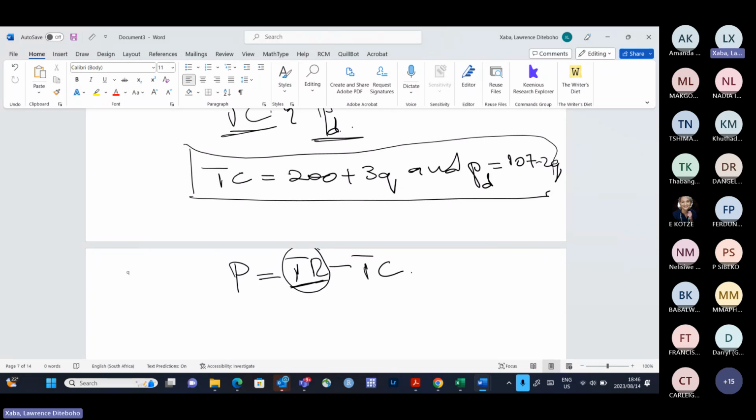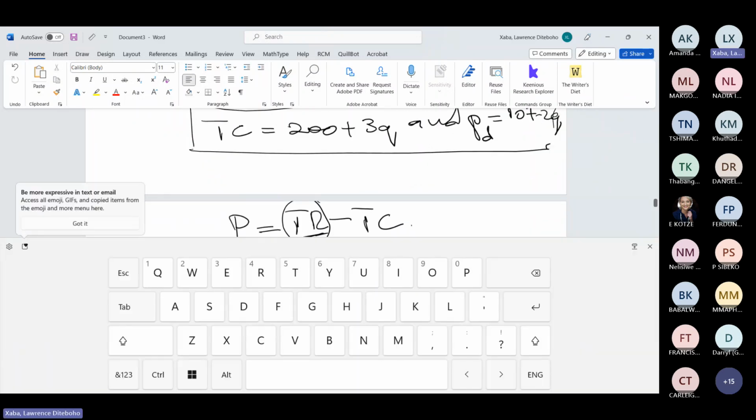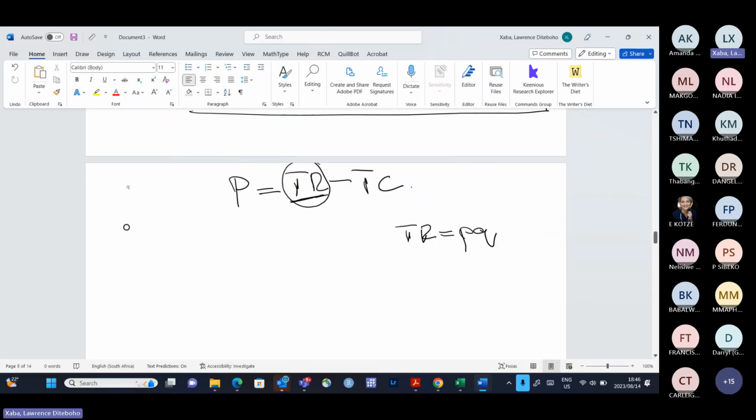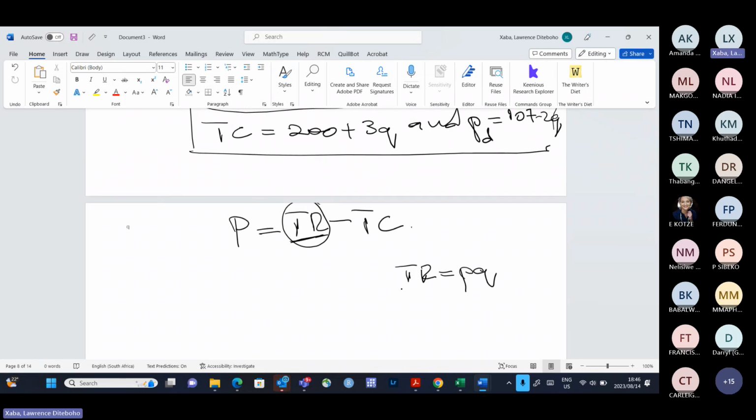Remember, we said TR is equal to PQ. So TR is equal to P times Q. So we look at this function of demand that is given to us. So it means where we see P, we can substitute what is on the right-hand side.